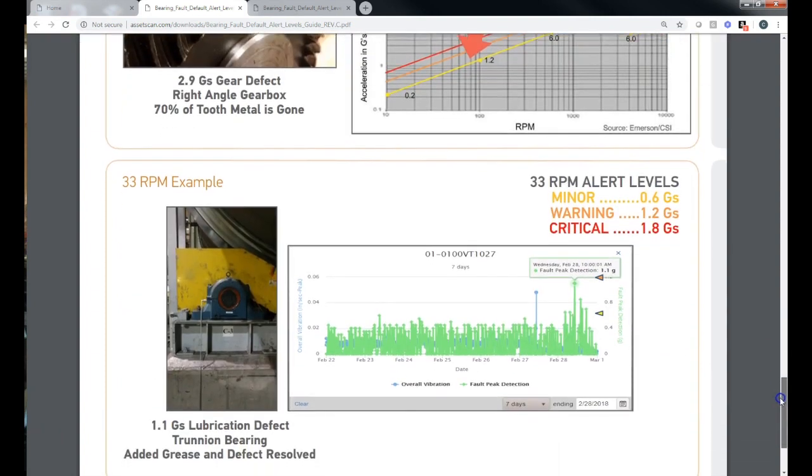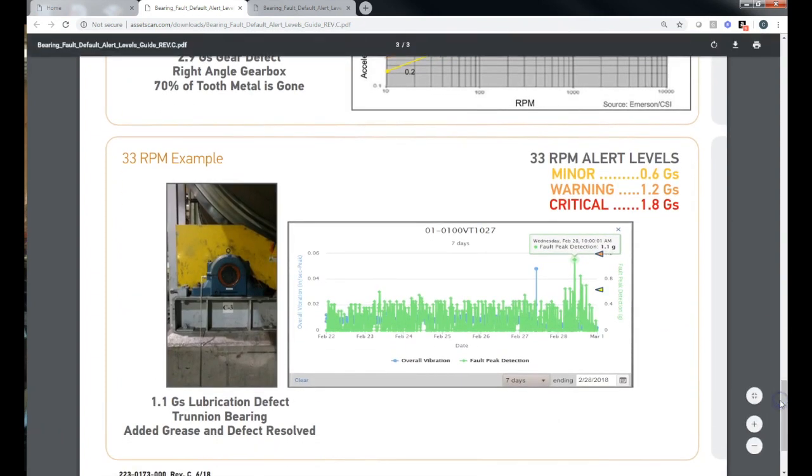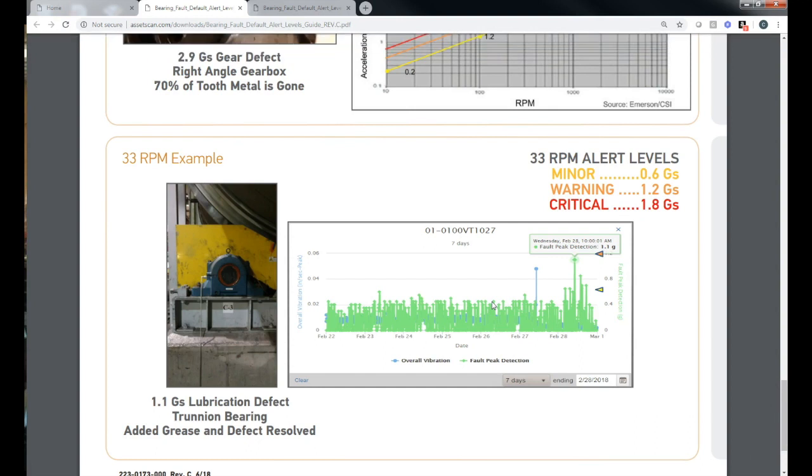So now scrolling down to our last example, this is a slower speed yet. This is a 33 RPM example on a trunnion bearing on an air dryer in an ethanol plant. And what this client did is they installed the asset scan on one of their bearings and monitored it for some time, and then moved it to a second bearing with the intention to move through the bearings on this dryer.